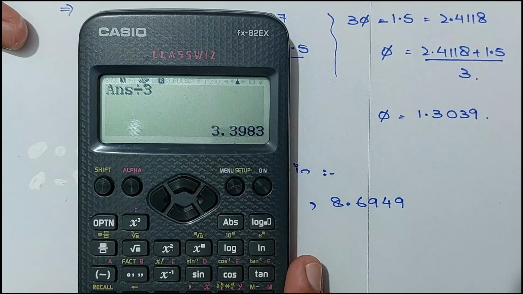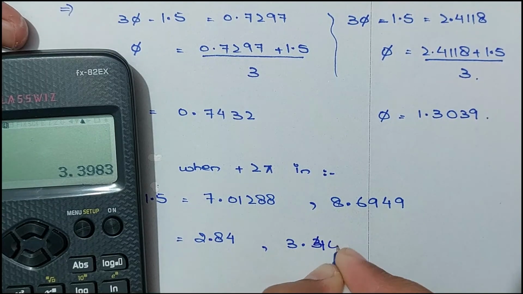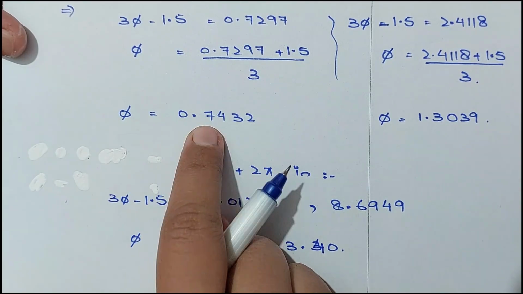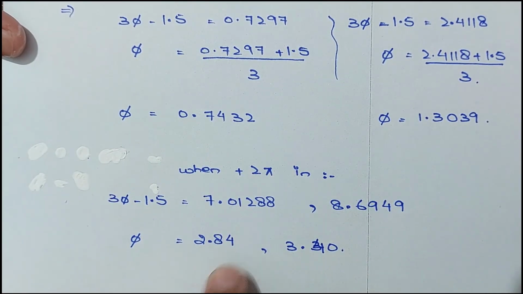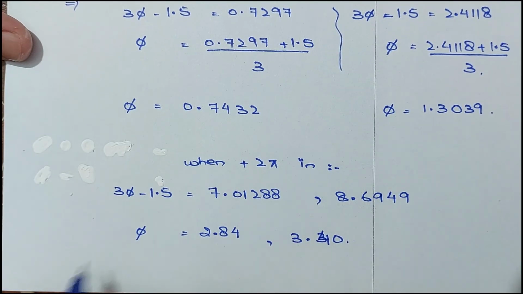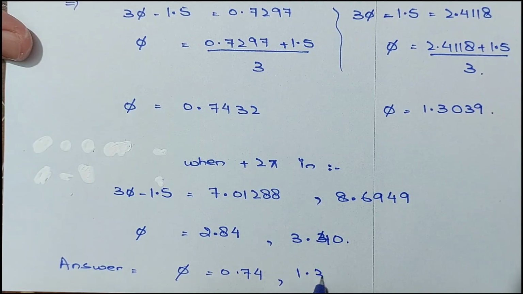This value is more, this value is 3.39, which means 3.40 after rounding, but the values are between 0 and 3, so 0.7, 1.3, 2.8. So these three values are between 0 and 3. So we can say the answer, phi is 0.74, 1.30 and 2.84. So these are the three solutions.